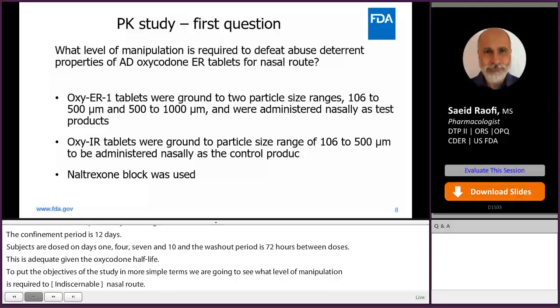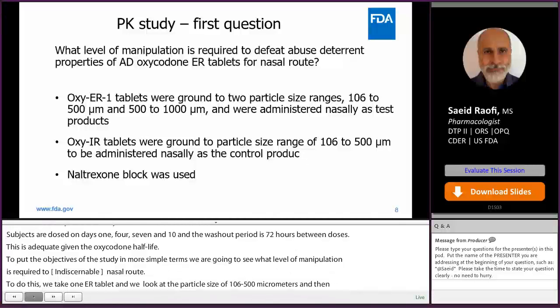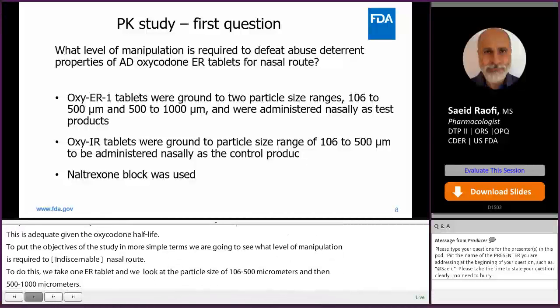And compare that with a milled and insufflated Oxy IR tablet, which is also milled to 106 to 500 micrometers. And in this study, we've used naltrexone block to block the euphoric effects and other adverse events of oxycodone.